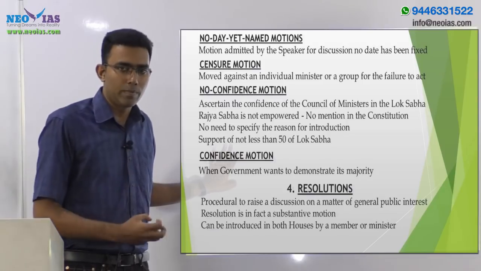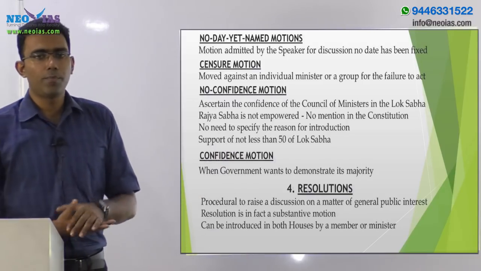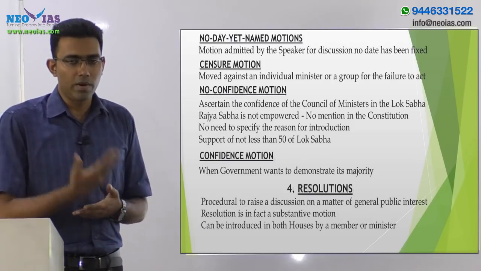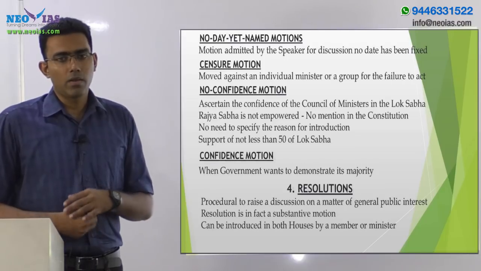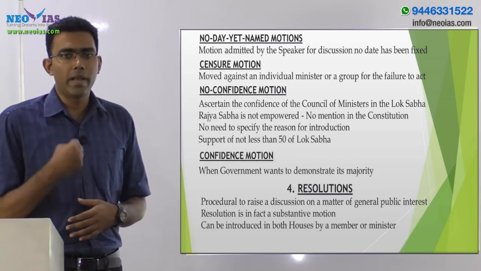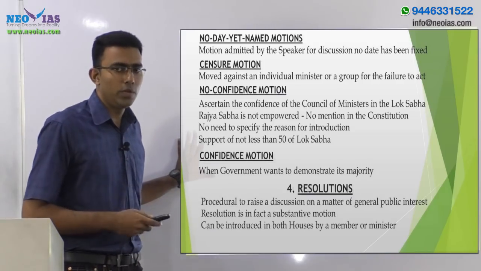That is, 50 Lok Sabha members have to support it. And the next is the confidence motion, which is taken by the government if it wants to show that it commands confidence within Lok Sabha. So these are the most important motions which you need to keep in mind.